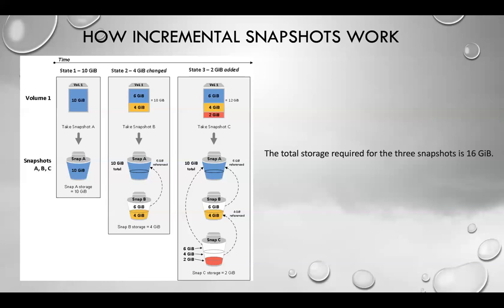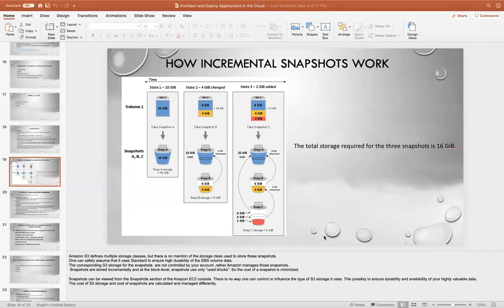If you had converted them manually and stored them, you would have paid for 32 gig of data. But because Amazon is doing it incrementally for you, you are storing the same data, not losing anything, but only paying for 16 gig. So that's the advantage of point-in-time incremental backup data, which is taken as a snapshot.